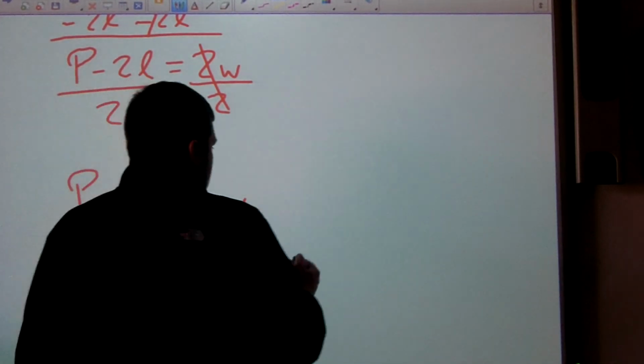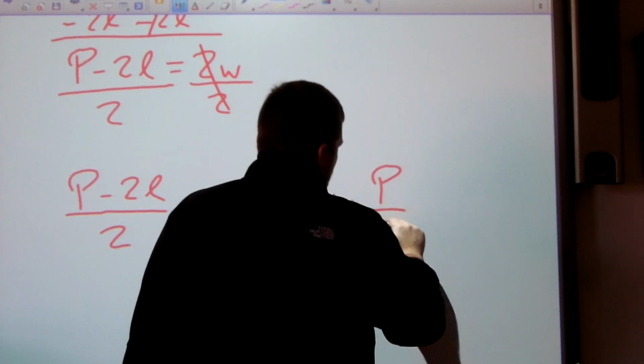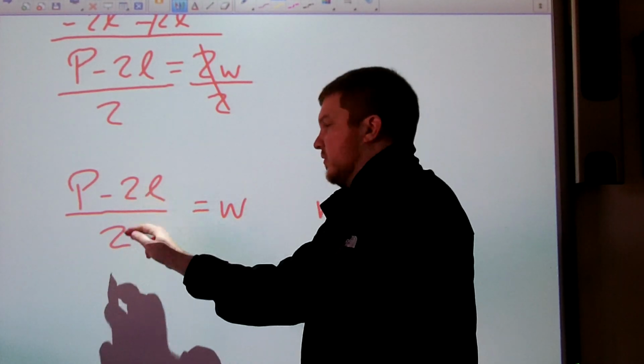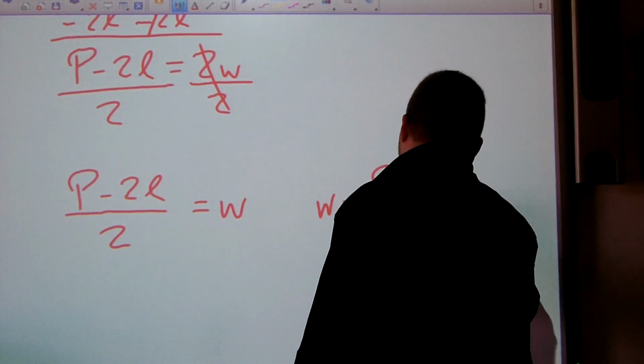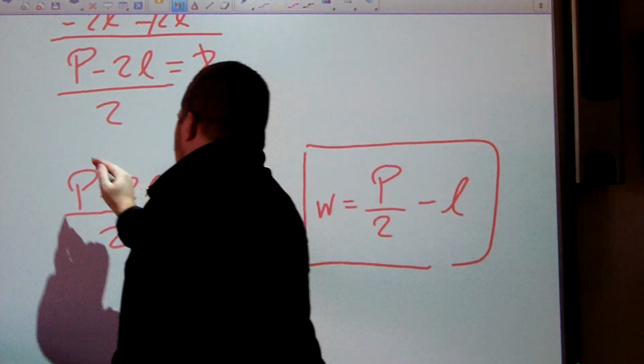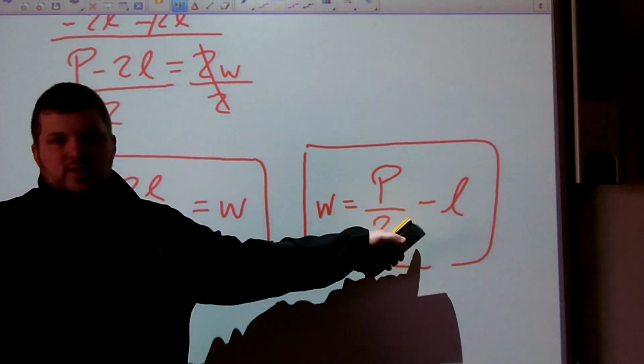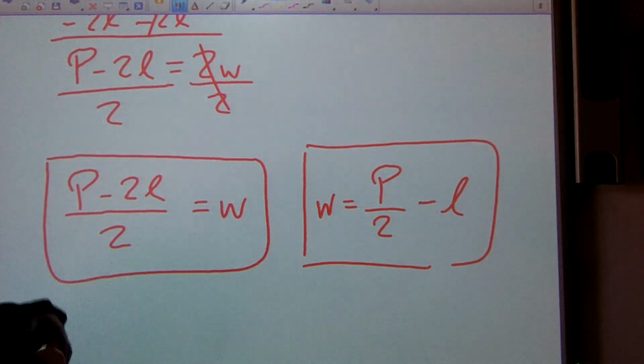So I can split up my fraction. So W is equal to P divided by 2. Negative 2 divided by positive 2 is -1, so minus L. So either way, this is good, this is great, this is more simplified. Okay, that's it for this video.